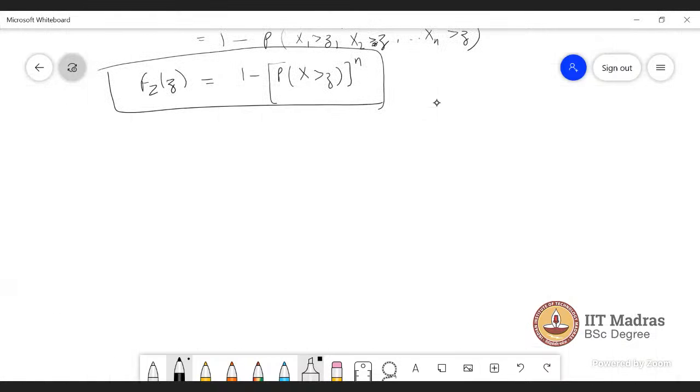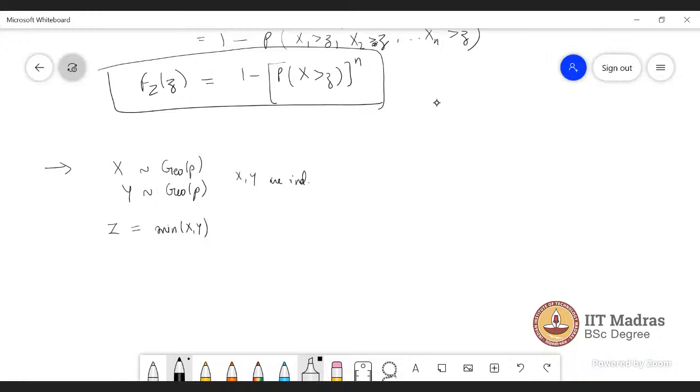Now if you have two random variables x and y, where x is geometric p and y is also geometric p, and both x and y are independent, and we define another random variable Z that is the minimum of x comma y, what is the distribution of Z going to be?